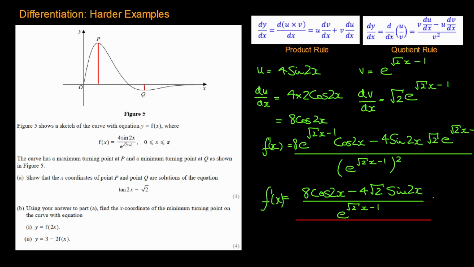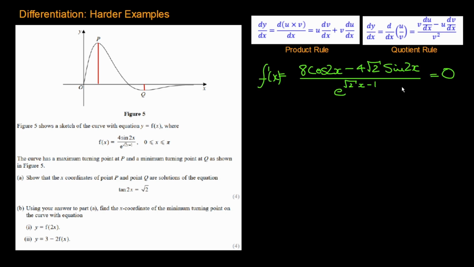And to find the turning points, we have to set that equal to 0 and work out possible solutions. So I'm going to clear the decks and do just that. So we can multiply both sides of this equation by e to the root 2x minus 1, and that produces that the numerator here, 8 cos 2x minus 4 root 2 sine 2x, is equal to 0.